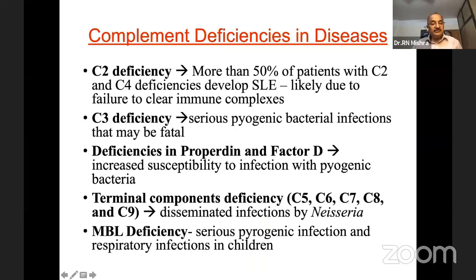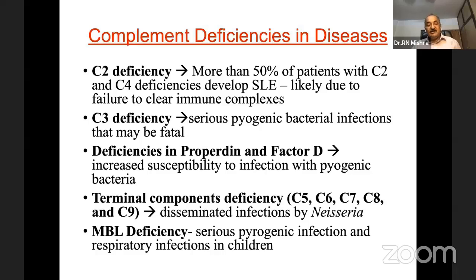There are individuals who are genetically deficient in complement components. If one has C2 or C4 deficiency, they develop SLE, usually very severe forms, and they almost die in the neonatal or infant period. C3 deficiency is unthinkable to sustain life, because that's the final convergent pathway.